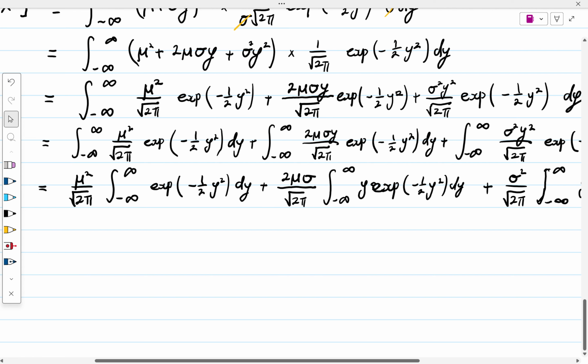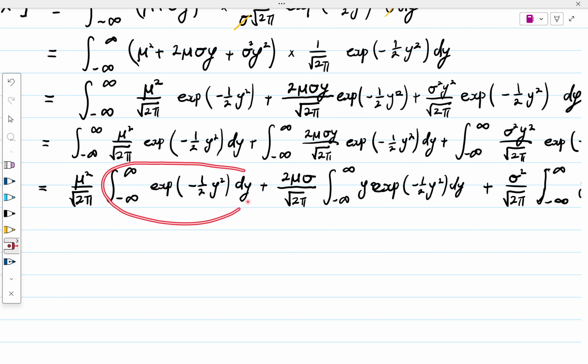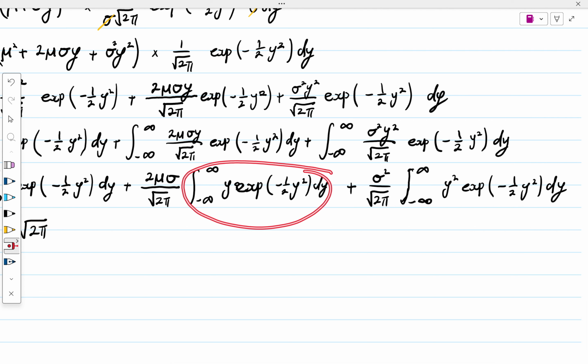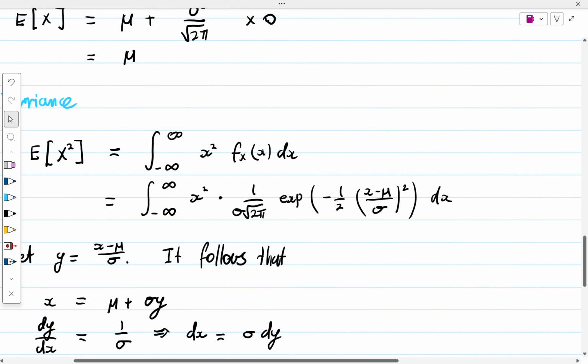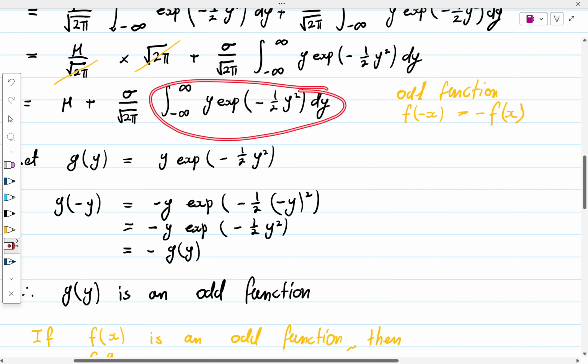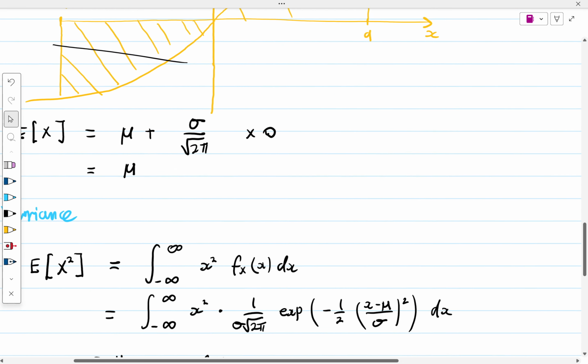This first expression, now going back to the front here, we evaluated this integral before, or I gave you the expression itself, mu squared square root 2 pi. By definition, this is a known integral and it evaluates to the square root of 2 pi. This second expression here, we also evaluated previously above, and we noted that it was an odd function and therefore integrated to 0 when evaluated.